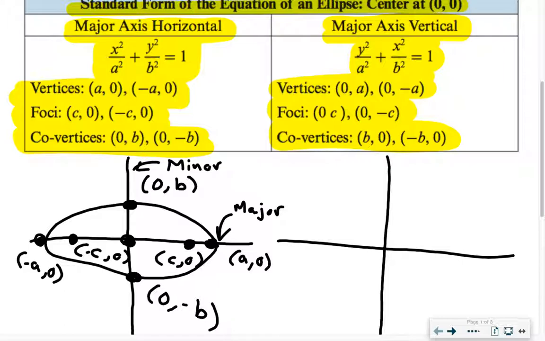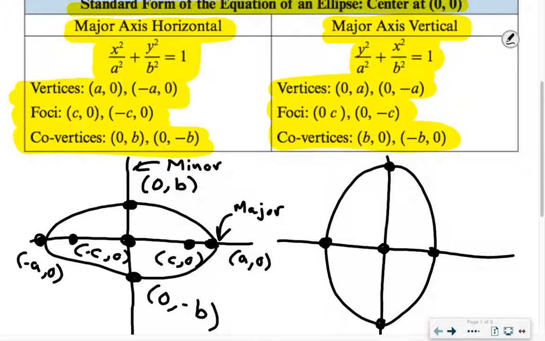If we do the same thing with the major axis being vertical, now our vertices are going to be here and here. Covertices are going to be on the x-axis, centered at the origin. If we label our points, the vertices, 0 comma a, 0 comma negative a, b comma 0, negative b comma 0.